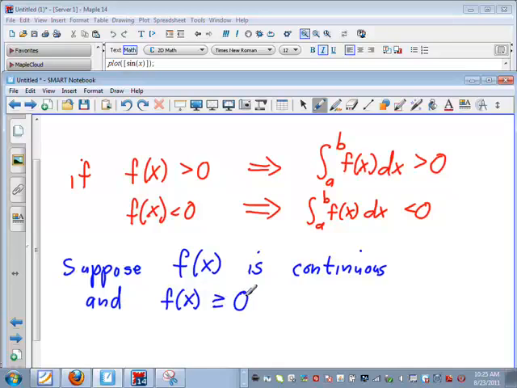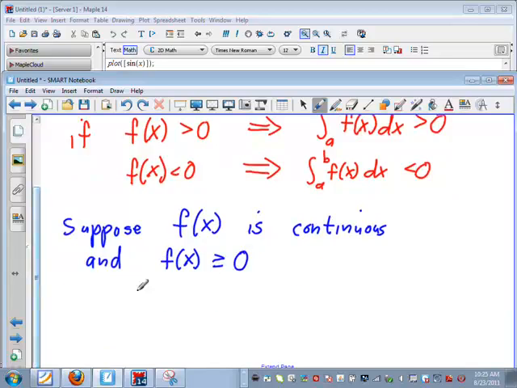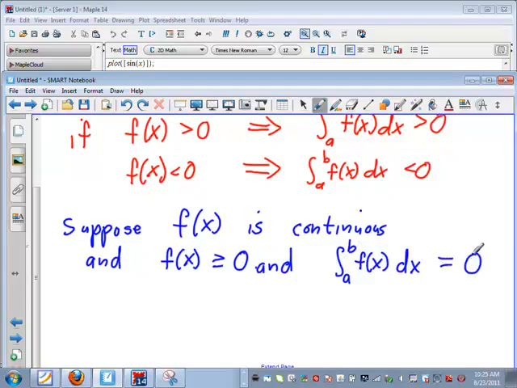So it's greater than or equal to 0. Always. So sometimes it hits 0, but it's always either 0 or above the x-axis. And I'm going to add one more thing. I told you that the integral from a to b of f of x dx is flat out nothing.